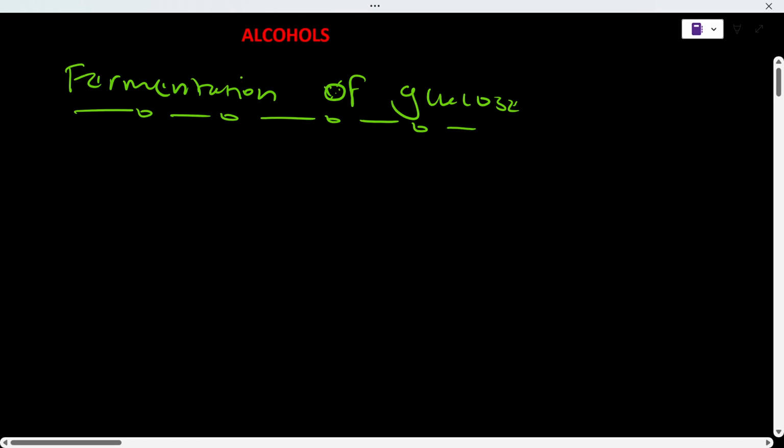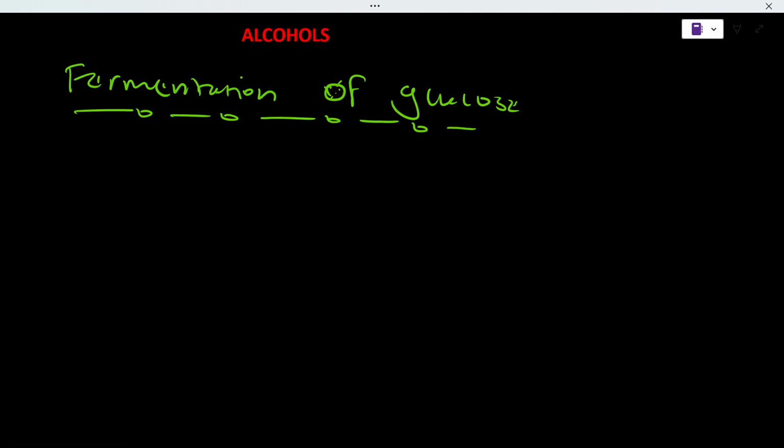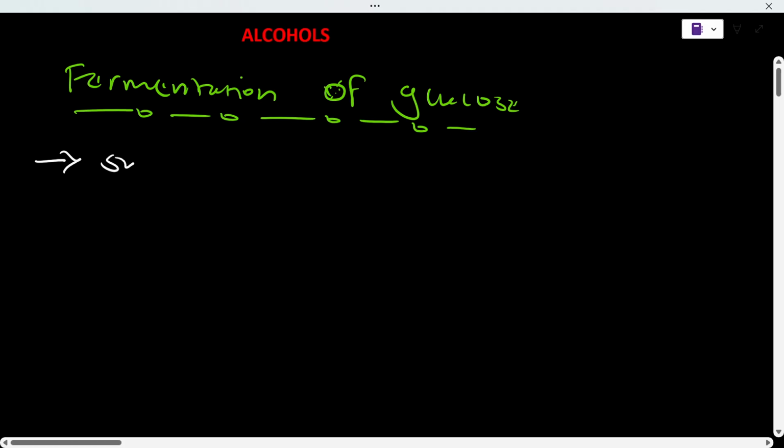And through fermentation, the main thing that you need to know are the sources of this glucose. Majorly in nature, we can get glucose through sugar or even starch.